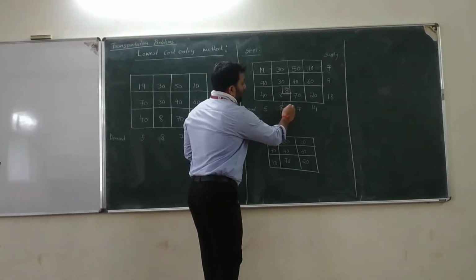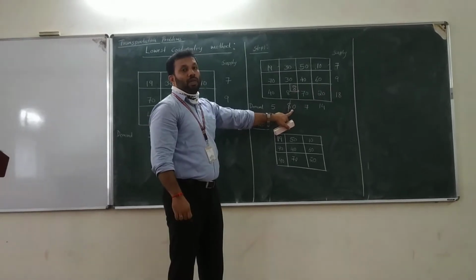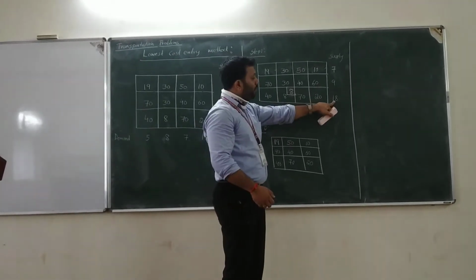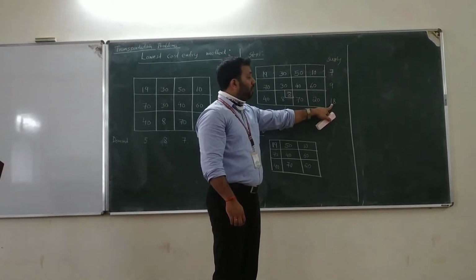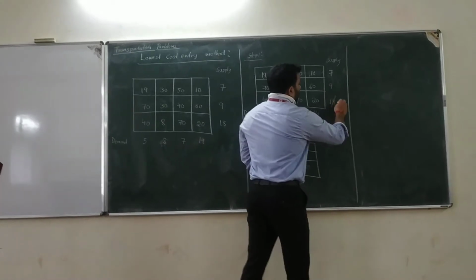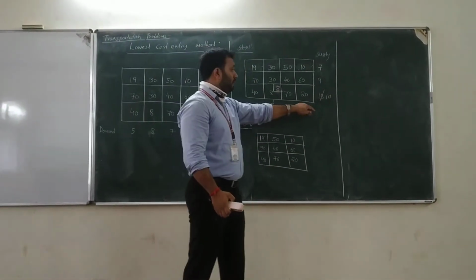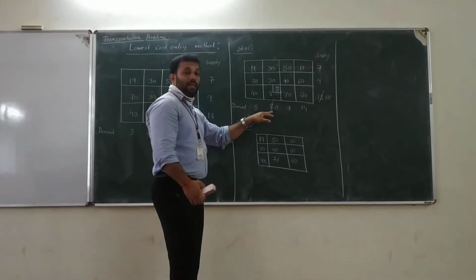So the remaining demand here is 0, and at the same time we have used 8 out of 18, so the remaining 10 units I have as supply. Here I have met the demand of 8 units.